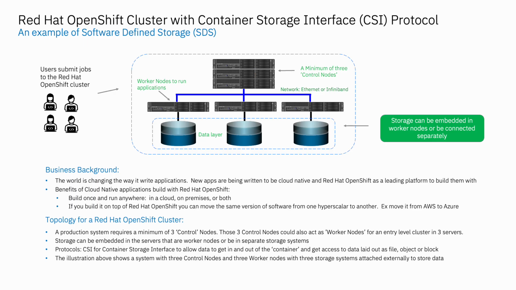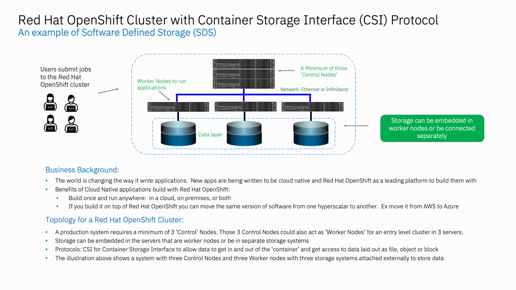So here, I can have storage that sits inside of servers, or I can have external storage. Most deployments are actually a combination of the two, where there will be some internal disk used for operating system or other important functions. They might have some that are what we call storage-rich servers with a lot of drives in them, and then most of them will still need to access and write data to and from external storage pools.